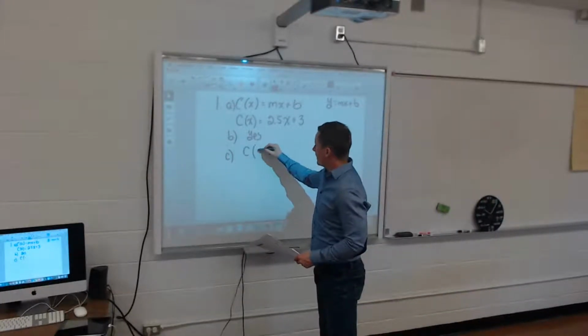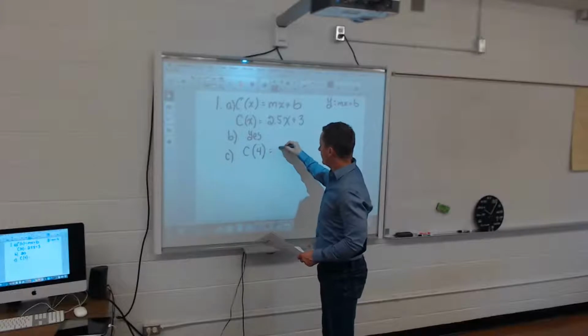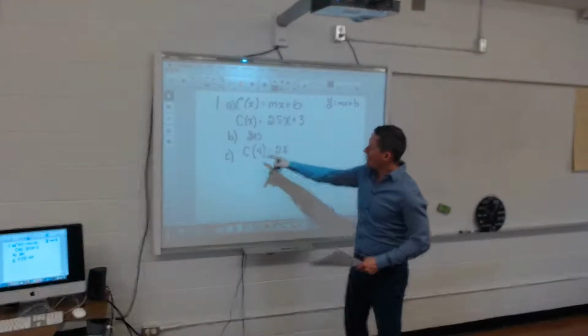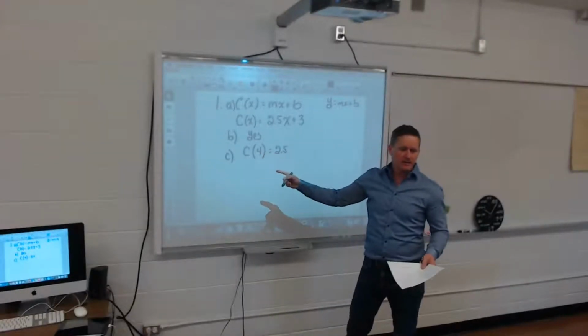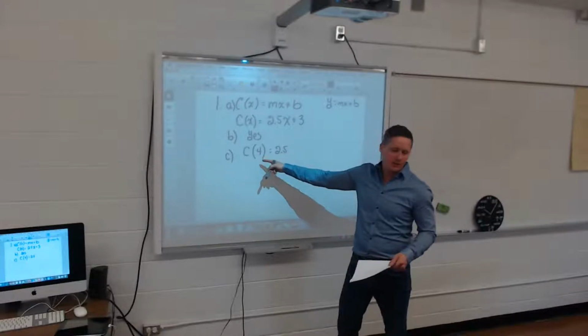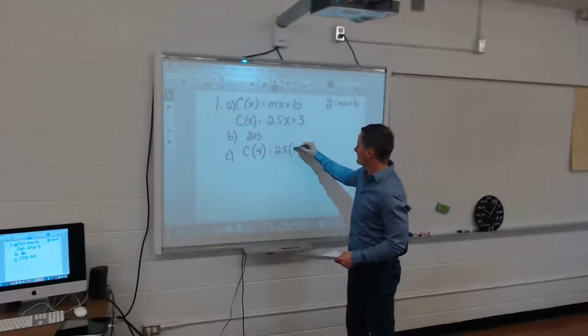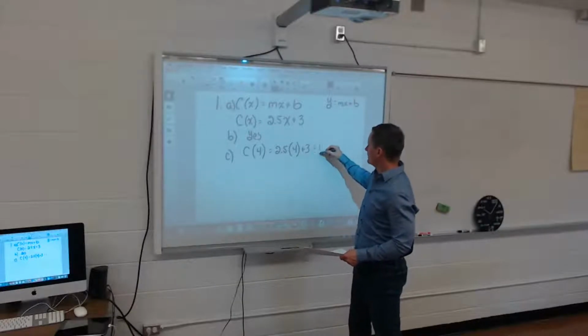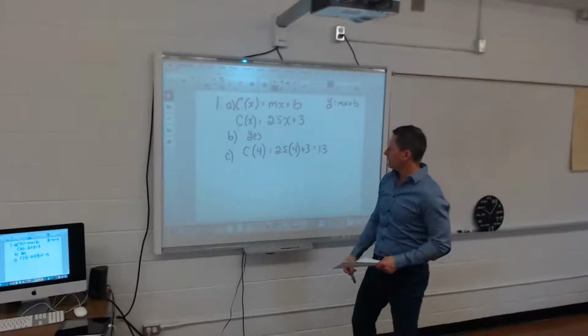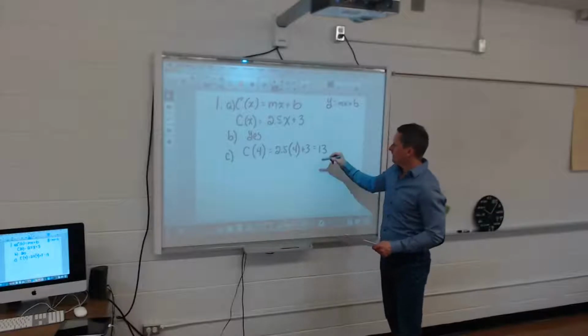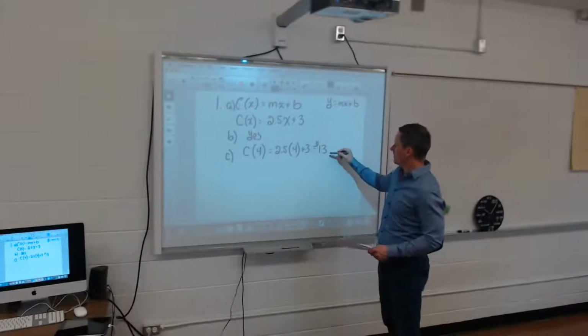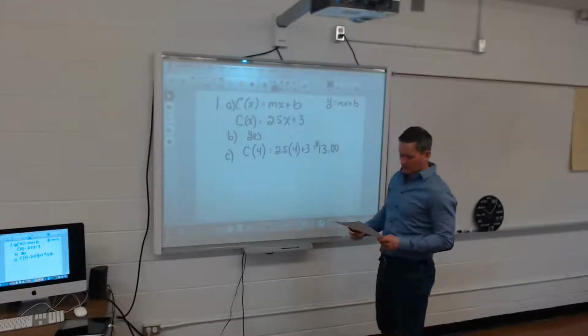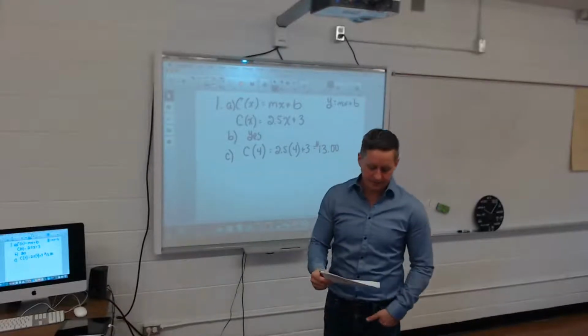The correct way to write it is C of 4 equals 2.5 times 4 plus 3. Because it's a function, I substitute in 4 wherever x is, and I add 3, which is equal to 13. So it cost her $13 to bowl 4 games.